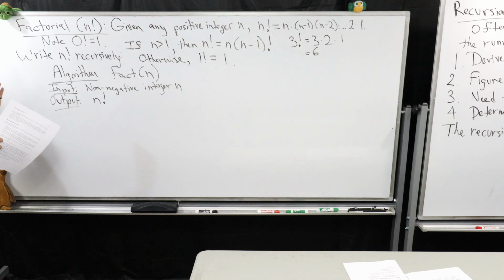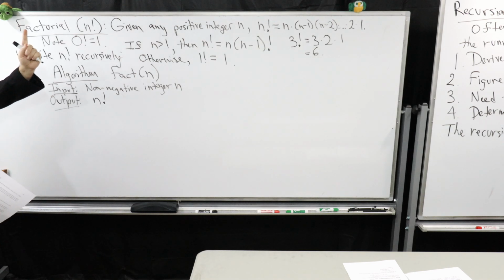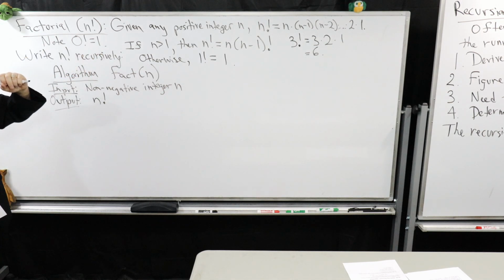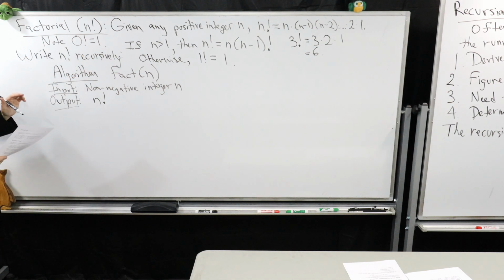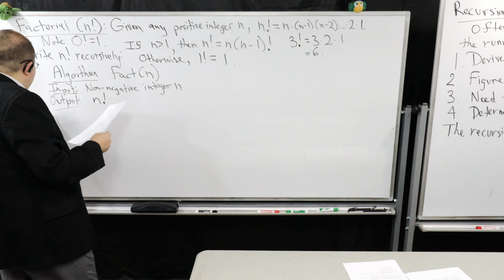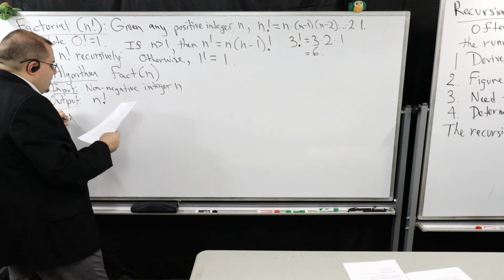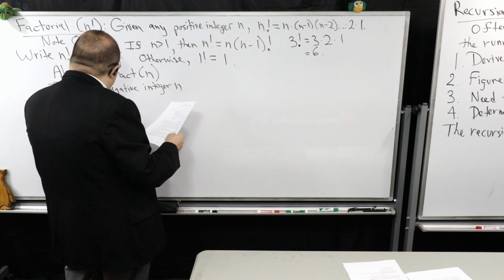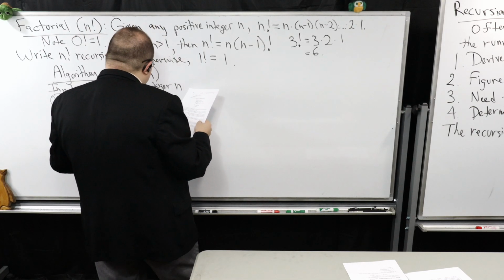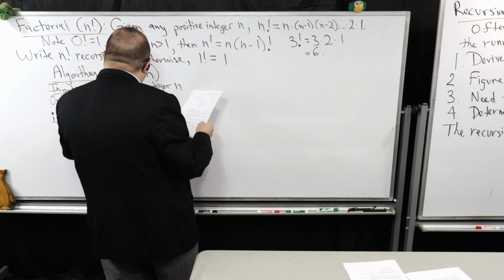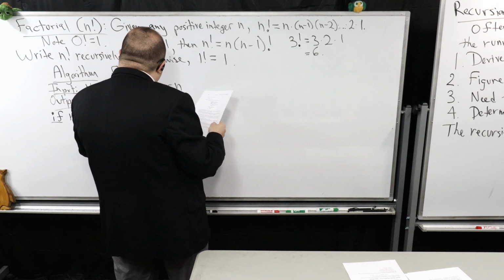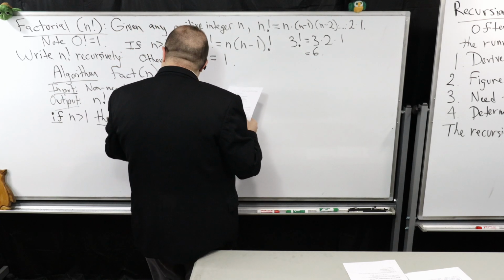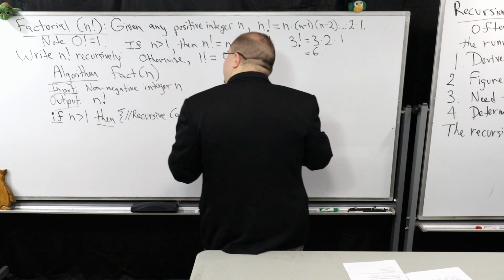So when you view it like this, we're just going to transcribe what I wrote over there recursively into my algorithm here. So I'm going to have an if statement. I'm going to say if n is greater than 1, then, now this is going to be my recursive case. Usually a natural way to think about recursive algorithms is by breaking them into a recursive case and a base case.